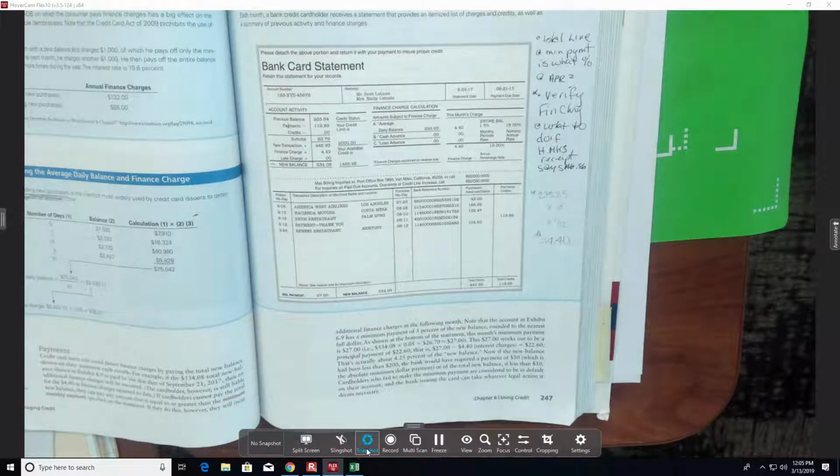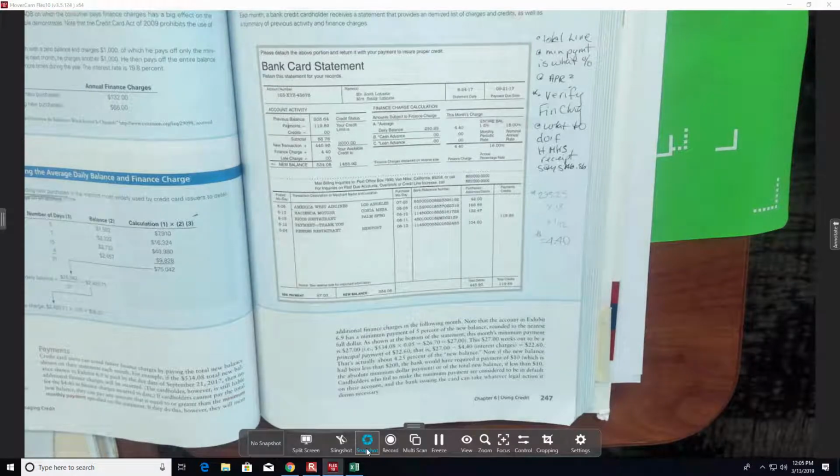And the answer is ADB with purchases, ADB without purchases. ADB stands for what? Average daily balance. The second one's way easier. ADB without purchases. They just take the beginning and end of the month and divide by 2. So it doesn't make any concession for what part of the month you make the purchases at. Okay, so that's super easy.